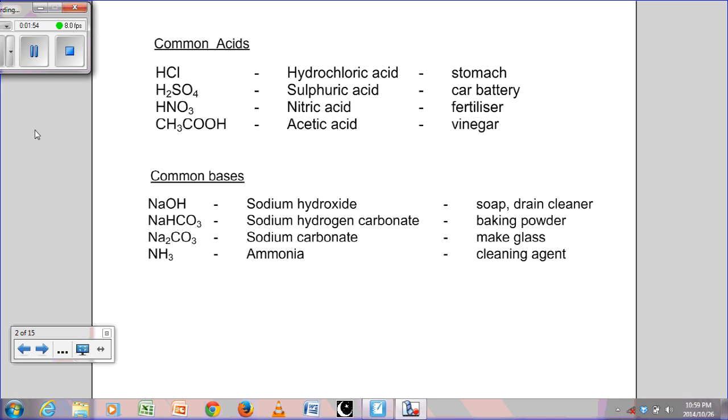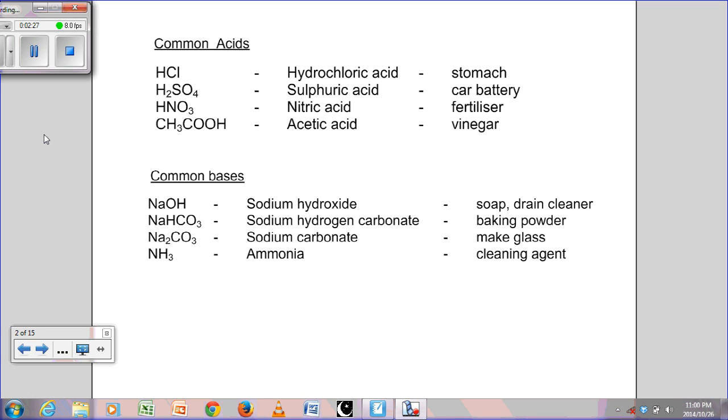Nitric acid, HNO3, is a very important component in industry, in the manufacture of fertilizer, where we get fertilizers like ammonium nitrate and potassium nitrate, so nitrates are very important for plant growth. And CH3COOH is called acetic acid, or ethanoic acid, which is the active ingredient in vinegar.